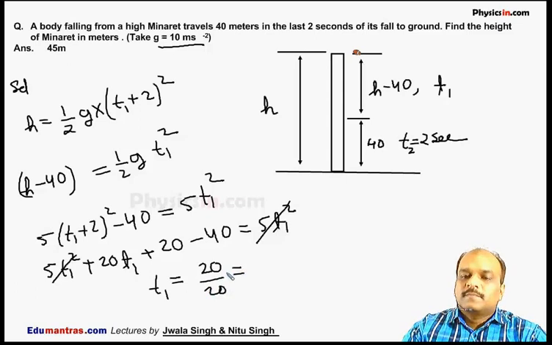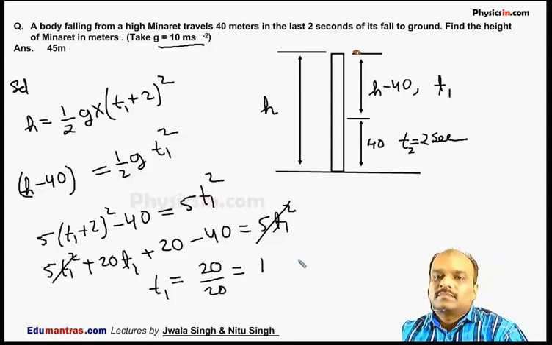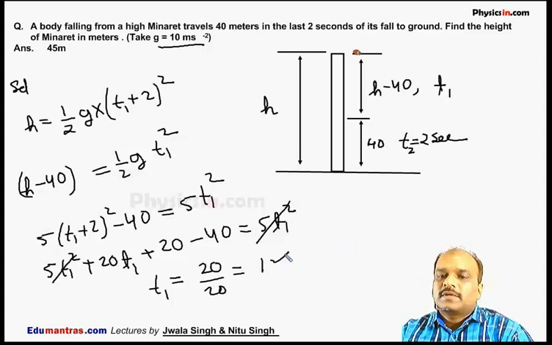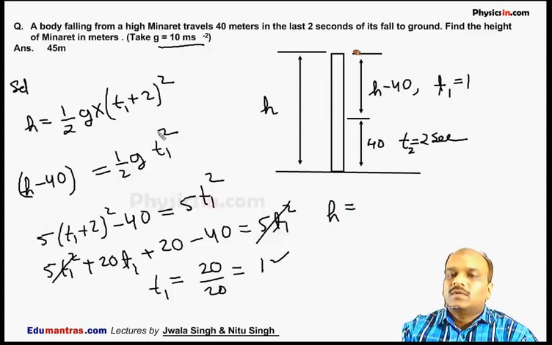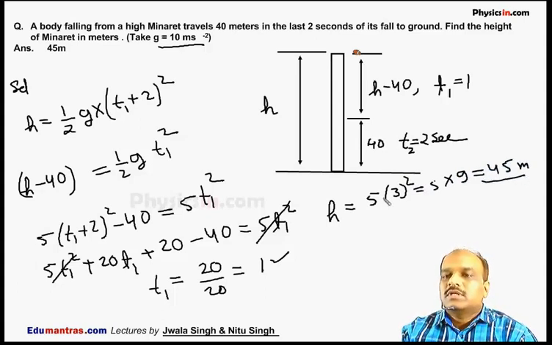So it comes out to be 1 second. So t1 is 1 second. Now the total time of fall is 3 seconds. So h is equal to half g t square, that is 5 into 3 square, which is 5 into 9, equal to 45 meter. So this is the answer.